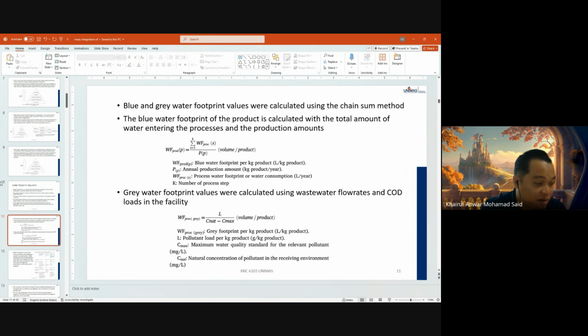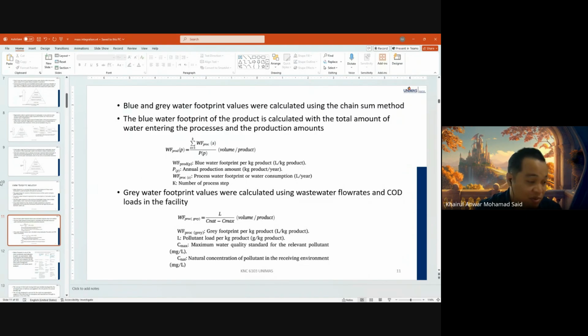The formula represents the waste load L divided by the difference between the maximum allowable water quality standard and the natural concentration of the pollutant in the receiving environment. Of course, we cannot release the wastewater if it's more than the water quality standard. It's a no-no.